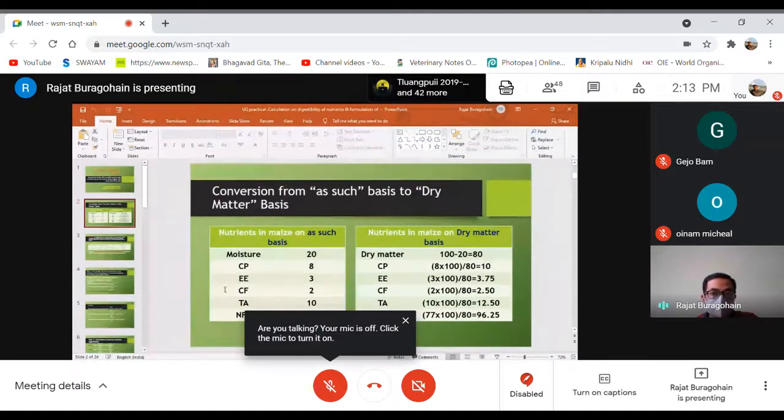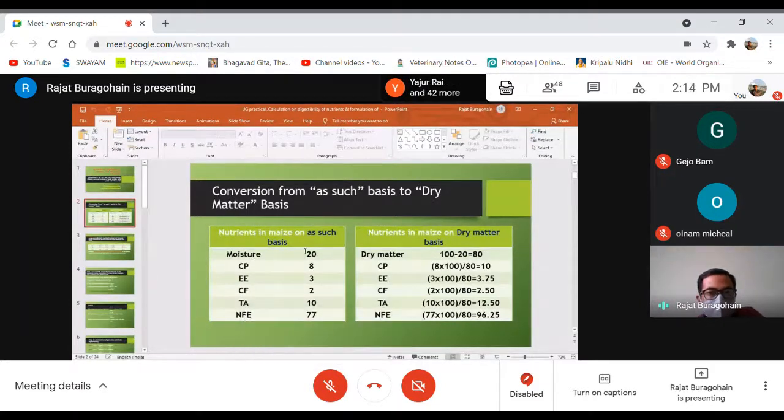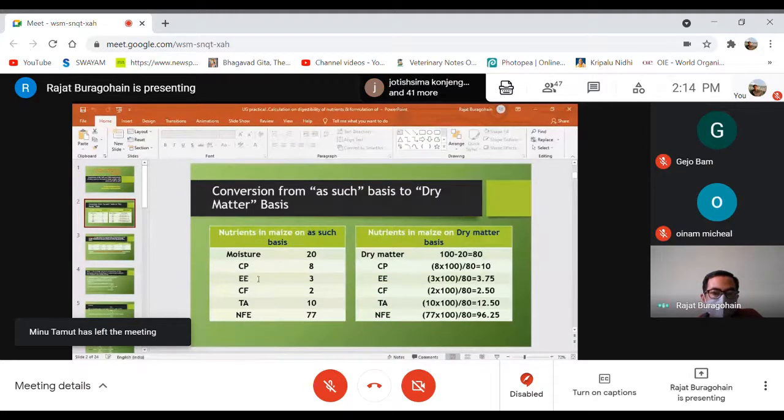The nutritional composition you may get like this, and here, instead of diameter, you will get moisture percentage. It is in percentage, okay. Then CP percentage, ether extract percentage, crude fiber percentage, and then you may get total percentage, okay. Sometimes in some questions NFE may not be given.